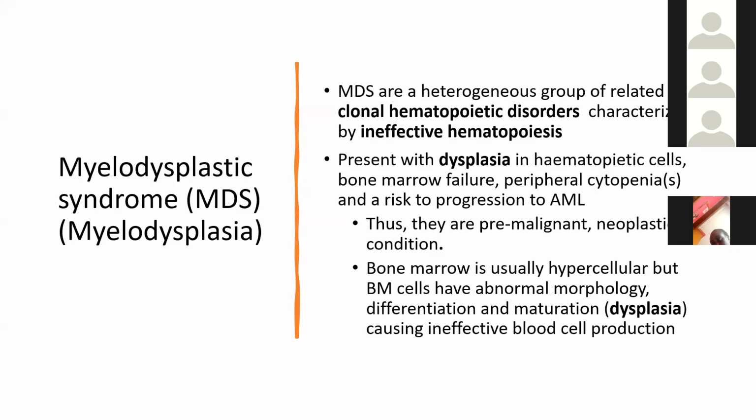But in this one, the bone marrow is hypercellular with these dysplastic cells. The cells have abnormal morphology, they differentiate abnormally, and the maturation is also abnormal. And therefore, that's why we said there is ineffective hematopoiesis or ineffective blood cell production. So that is what the myelodysplastic syndromes or myelodysplasia is in a nutshell. And we're now going to go on further to break down these aspects and look at them in more detail.